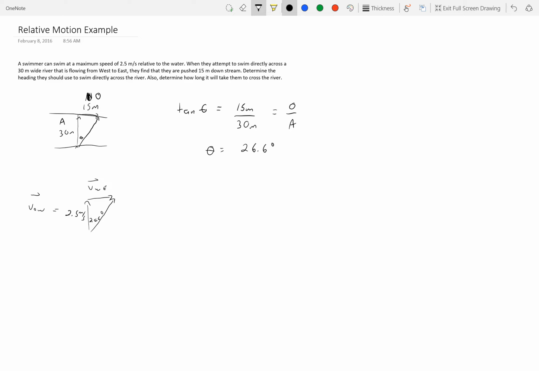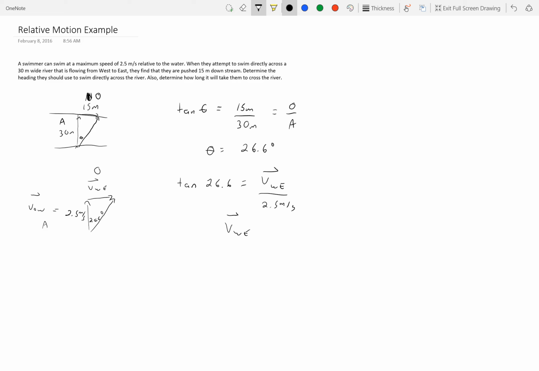So if I have this, my adjacent side, and I'm missing my opposite side, I can use tan again to determine the speed of the velocity of the water relative to the earth, or the velocity of the current. So it ends up being 2.5 tan 26.6, which I guess is going to be 1.25.